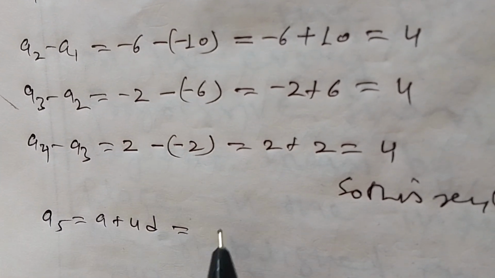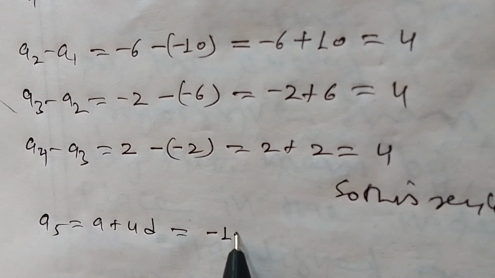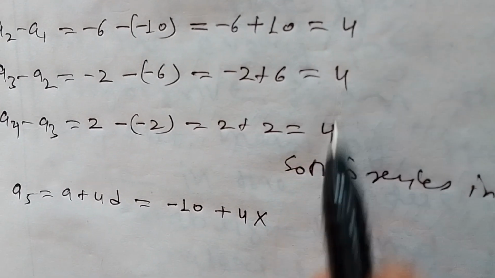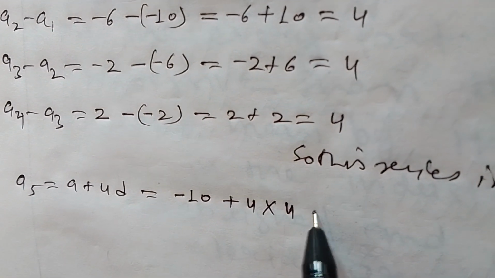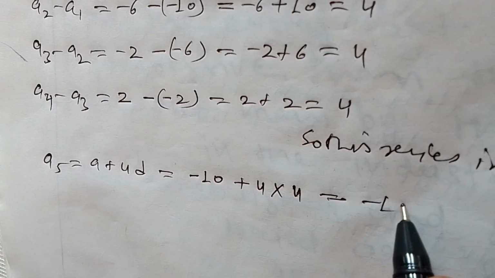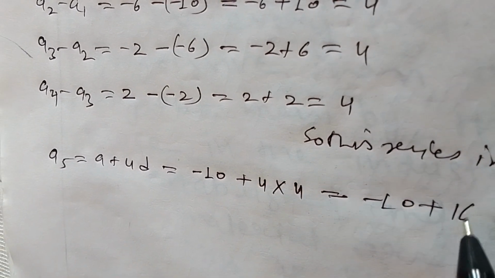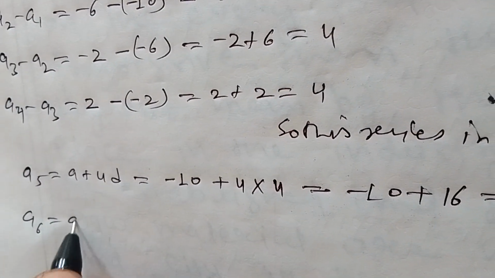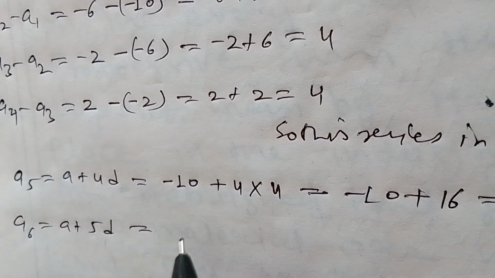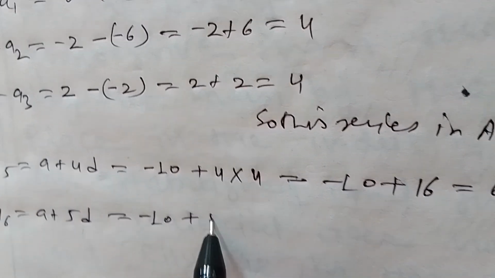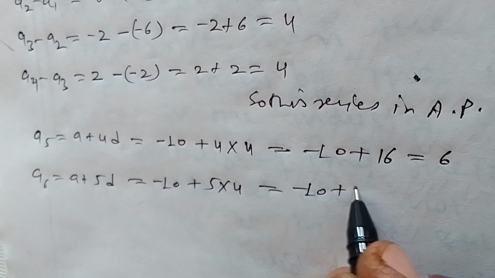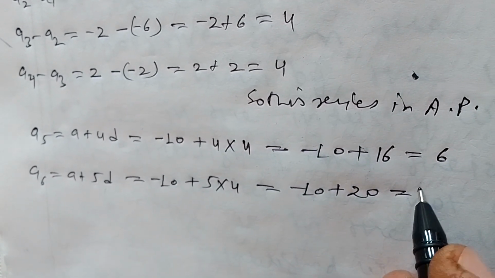We know that A, the first term, is minus 10, plus 4 multiplied by the common difference we have calculated above, 4, that comes out to be minus 10 plus 16, that comes out to be 6. Then A6, A plus 5D, that is minus 10 plus 5 multiplied by 4, that is minus 10 plus 20, that comes out to be 10.